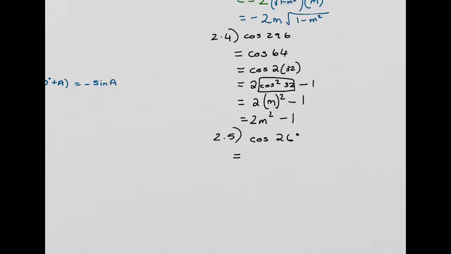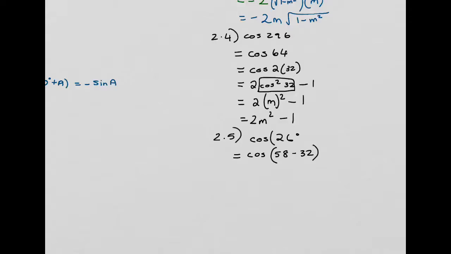Okay, the last one's a bit tricky because it's cos 26. Now it's already reduced for you. It's not 32, it's not 58 from your triangle. It's not a double angle of either of the two. So it's got to be something else. Normally, if it's not a double angle, it's not a co-ratio, it's not a reduction, then look for a compound angle. So in this case, you've got to recognize the fact that if you take 58 and you subtract 32, it's the same as 26.